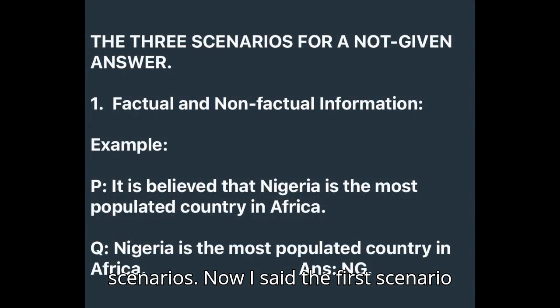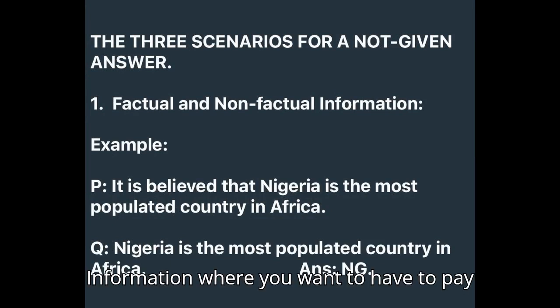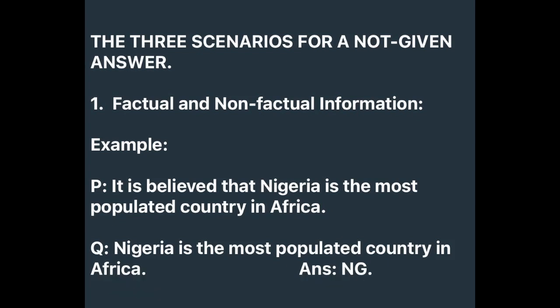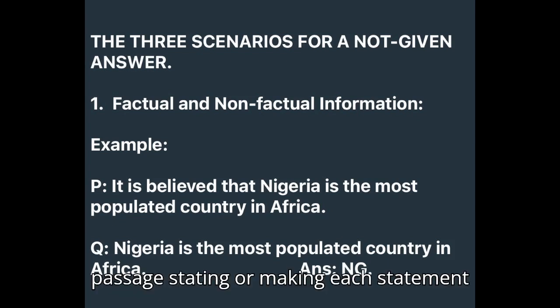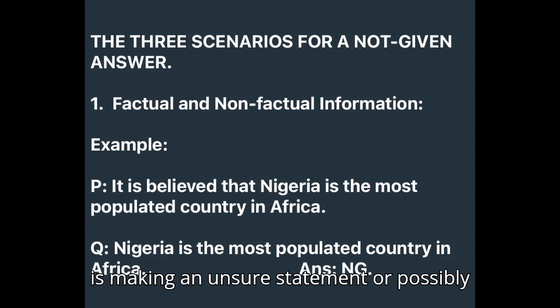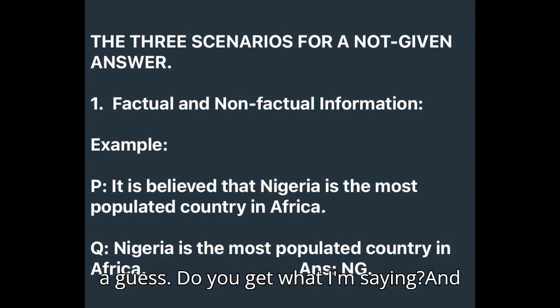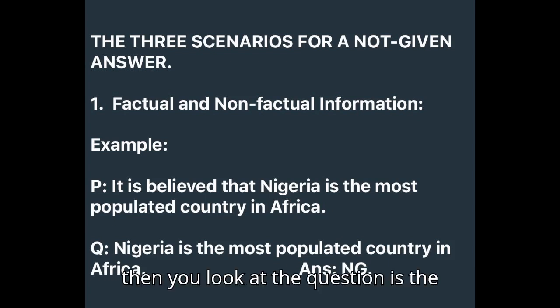Now I said the first scenario is factual and non-factual information, where you have to pay attention to the fact that, okay, is the passage stating or making its statement as a fact, making a factual statement, or it's making an unsure statement, or possibly a prediction or a belief, or a guess. Do you get what I'm saying? And then you look at the question.